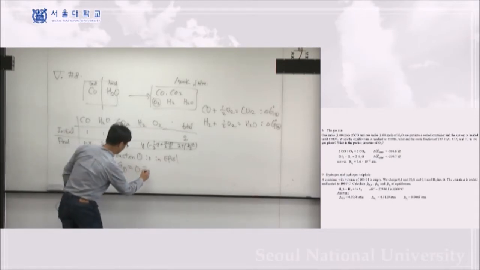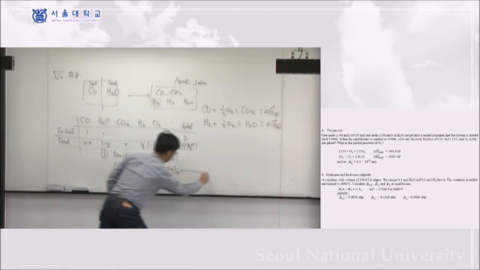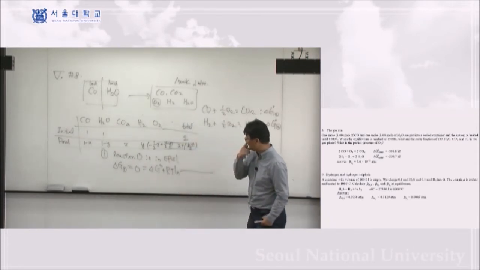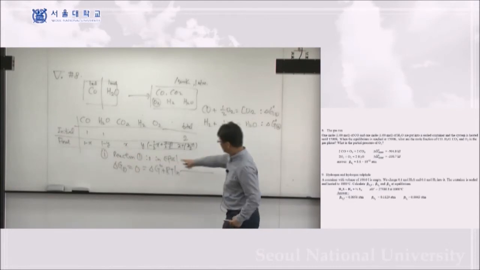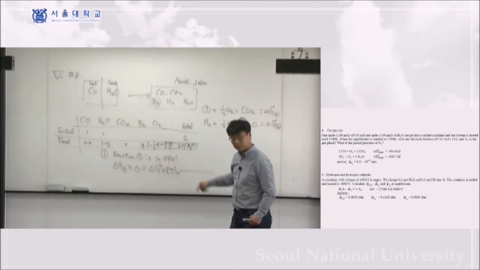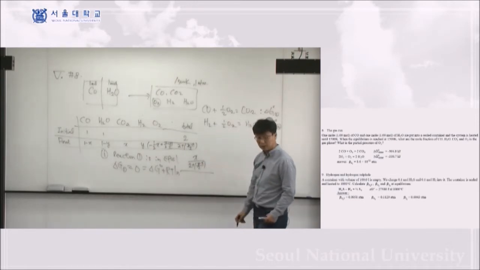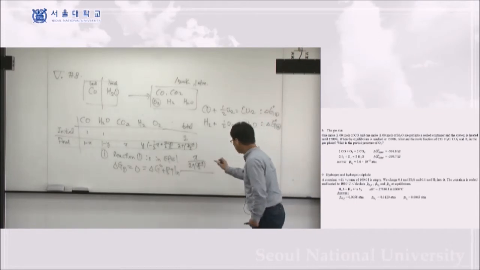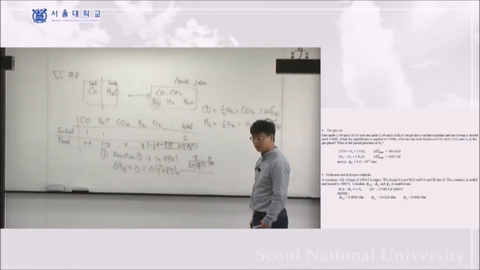Then this will be delta G naught plus RT ln of the partial pressures of each gas phase. So for the partial pressure, CO2 is X over 2 plus Y minus X over 2, so this is the mole fraction of CO2 in the final state times P total. Okay?